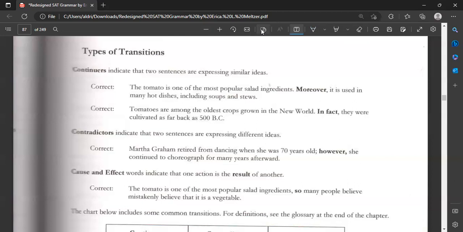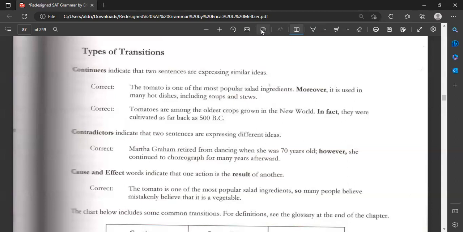We have: tomatoes are among the oldest crops grown in the New World. In fact, they were cultivated as far back as 500 BC. All right, so we have, again, a continuation. So we have words like moreover, in fact, and you can have other words like similarly, likewise.